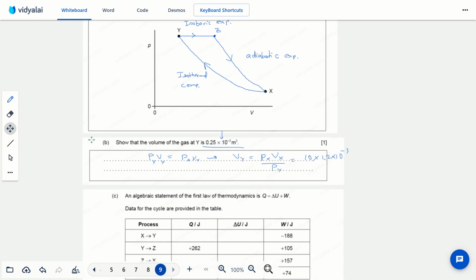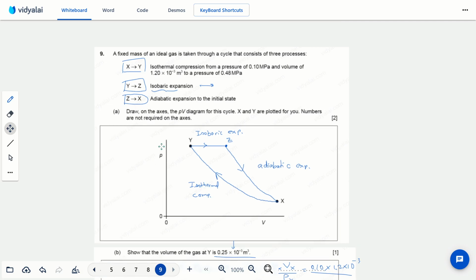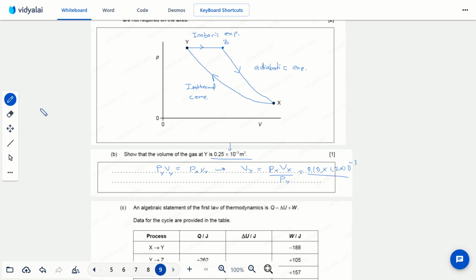Okay, so it's 0.10, not just 10. Divide that by pressure at Y, that's 0.48 megapascal.